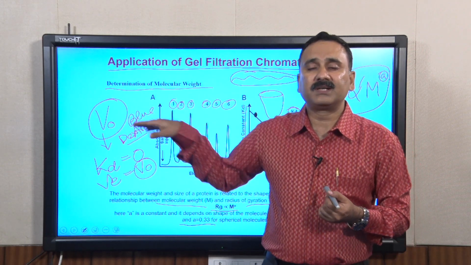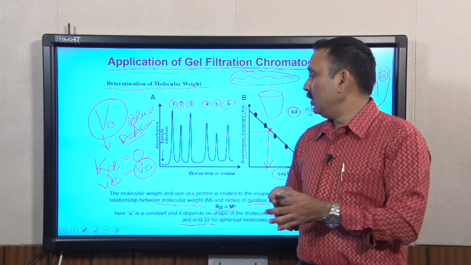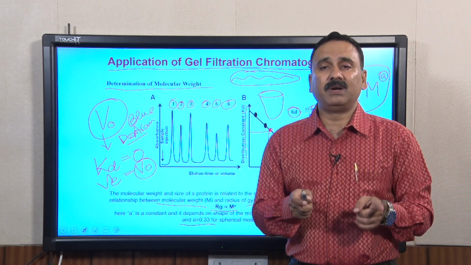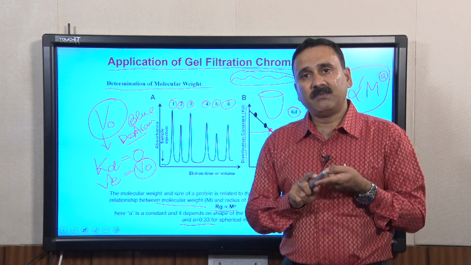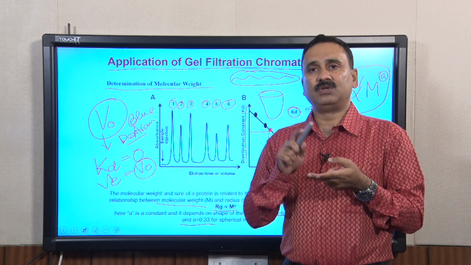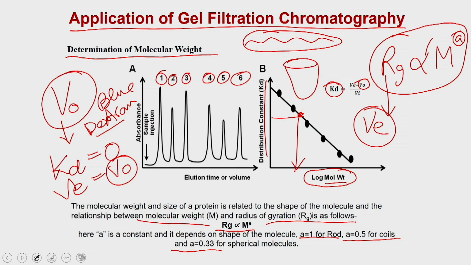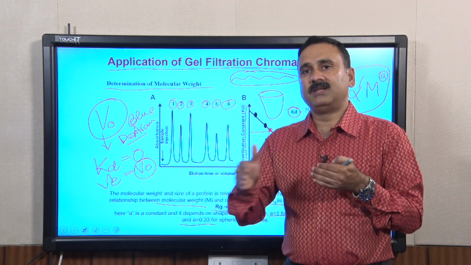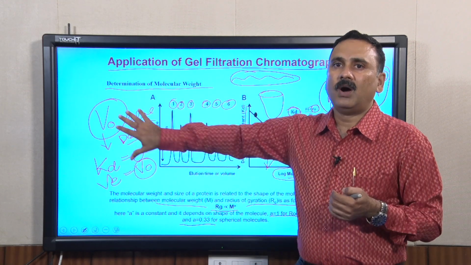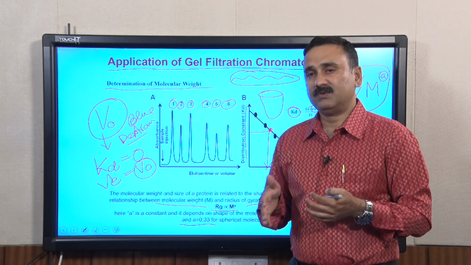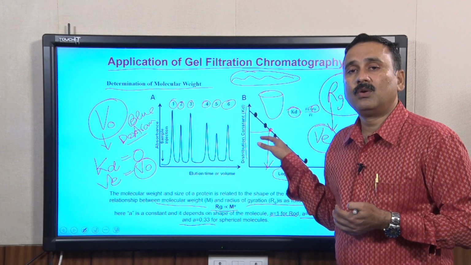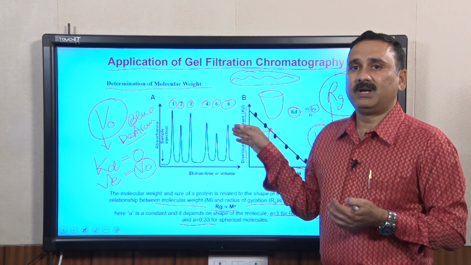You can just get the elution volume of the blue dextran, and that is going to be the void volume of this particular column under that particular condition. If you change the pH, the temperature, or the packing, both the void volume as well as the Kd values are going to change. So all these things are relative. As soon as you change the packing and other conditions, these parameters change, which means the calibration curve is also not going to hold for that column.